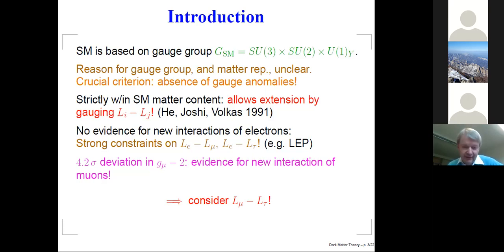Therefore, we'll focus here on a scenario that does produce new interactions of the muon, and as we said, we don't want new interactions of the electron. That uniquely singles out, among these three possibilities, the combination L_mu minus L_tau. The L_tau part really is only there to cancel anomalies. For the phenomenology, it doesn't really play much of a role.